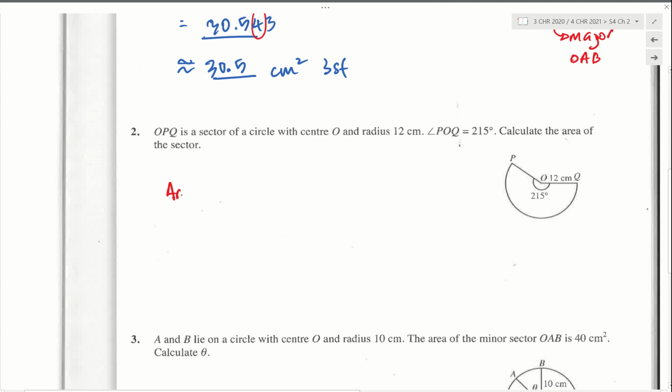So area, the angle is 215 out of 360 times pi r, which is 12, and we square it. Okay, Nivea, what's the value? 270.17. Okay, round it off to become 270 square cm.